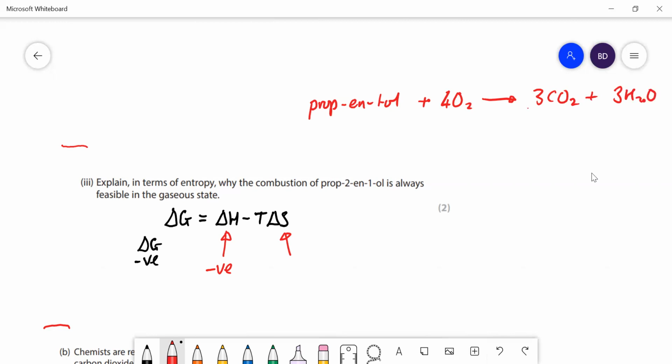Now you're forming a whole load of gaseous stuff here. You've got more moles on the right hand side of the equation than the left as well, so delta S is certainly going to be positive. So that means that this term, minus T delta S, is always going to be negative, and delta H is negative too. So delta G is negative at all temperatures, so it's always feasible.